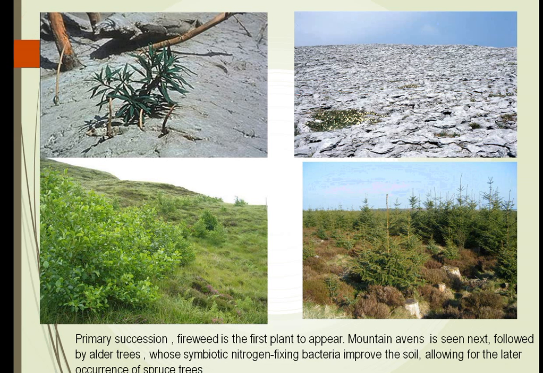Then trees start to come in, the alder trees. Alder trees then bring in different fungus and bacteria, furthermore, to change the soil. And as this changes the soil, we start to see pine trees, such as spruce trees, come in and break up the soil. And as these continue to break up the soils, then the bigger oak trees and hickory trees will come in.